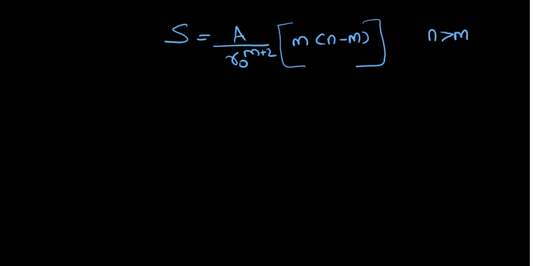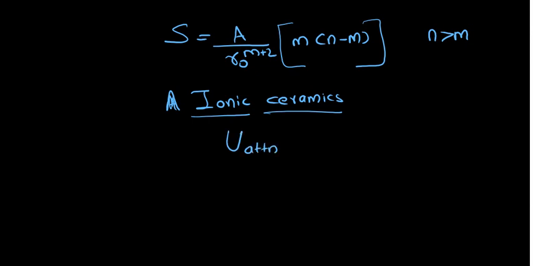If you consider an ionic ceramic, I'm taking an example. It need not always be ionic, you can consider any example, but ionic is a little easier because the attraction energy is nothing but the Coulombic attraction.